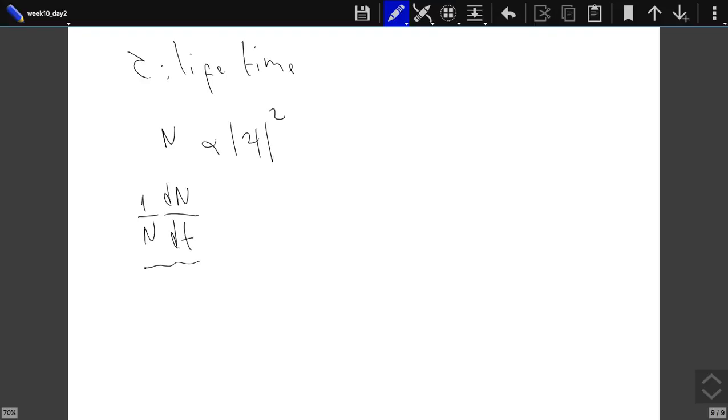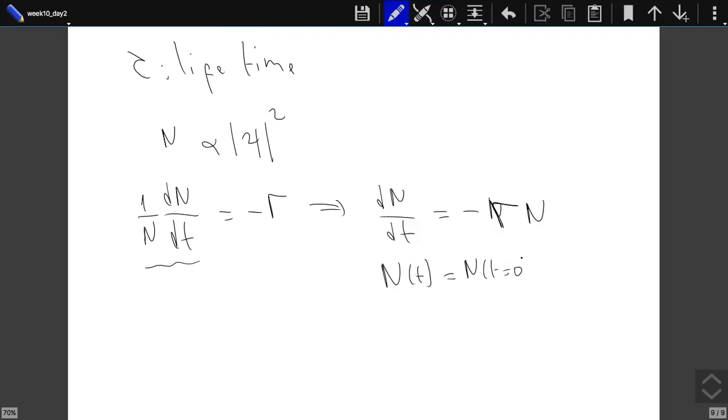But this is nothing but the tunneling probability. This should be just some fixed number gamma you can identify as tunneling probability. So this tells me that dN/dt should be equal to minus gamma N, or N as a function of time should be N at t equal to 0, e to the power minus gamma over 2 times t.